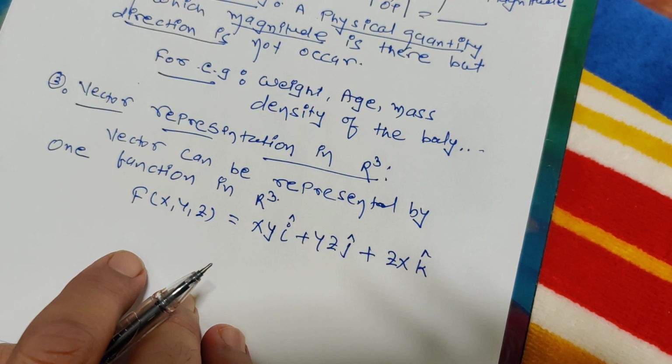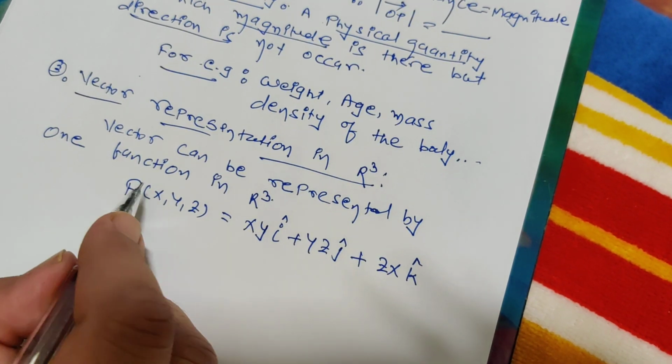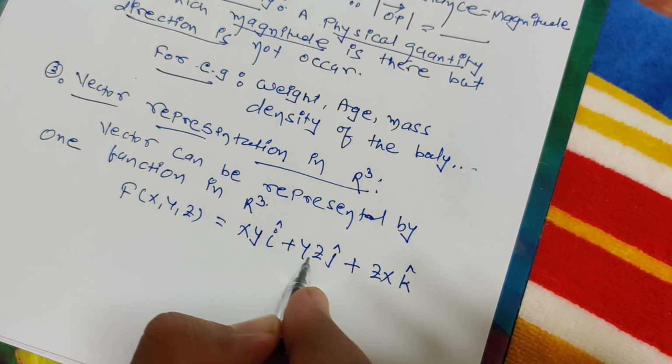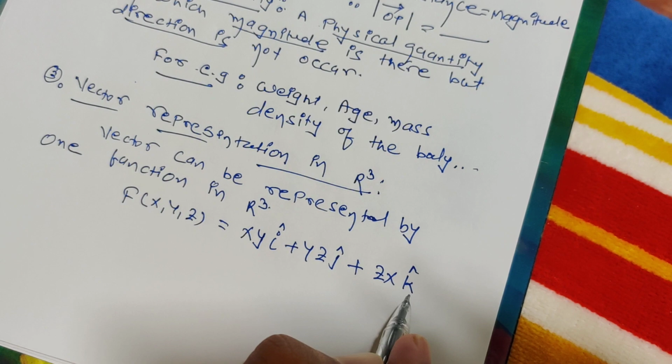So a vector can be represented by a function capital F(x, y, z) equal to xy i caret, yz j caret, zx k caret.